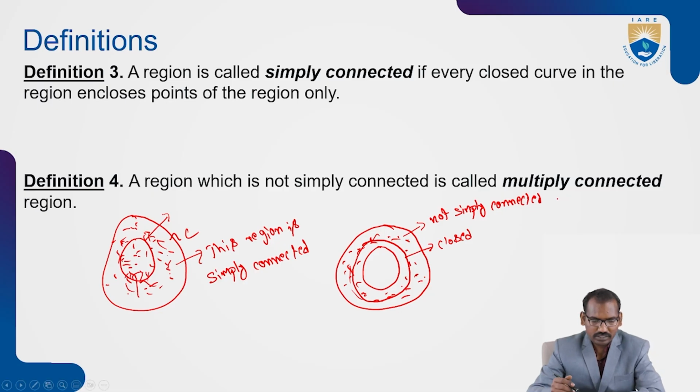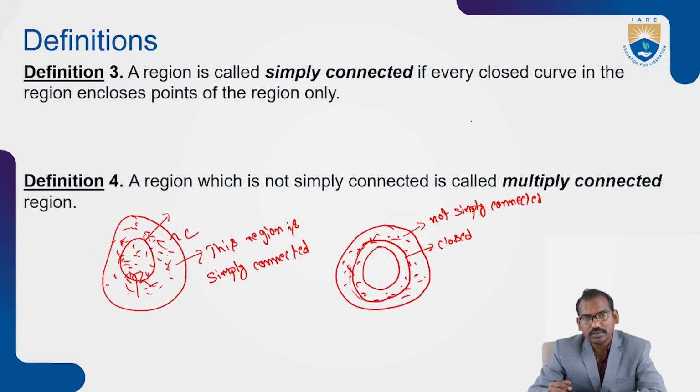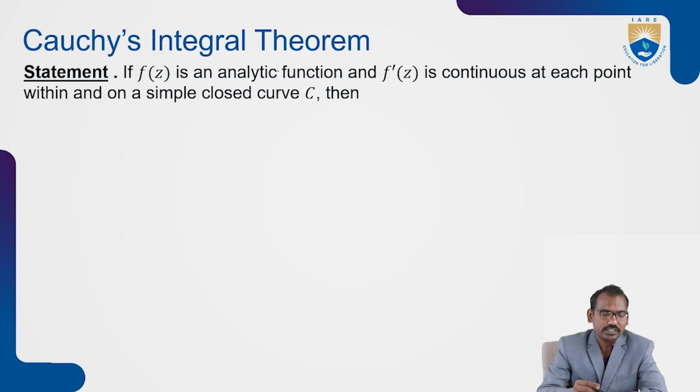Now here we learn the definitions of simple closed curve, multiple connected curve, simply connected region and multiply connected region. Now there is the statement of Cauchy Integral Theorem.